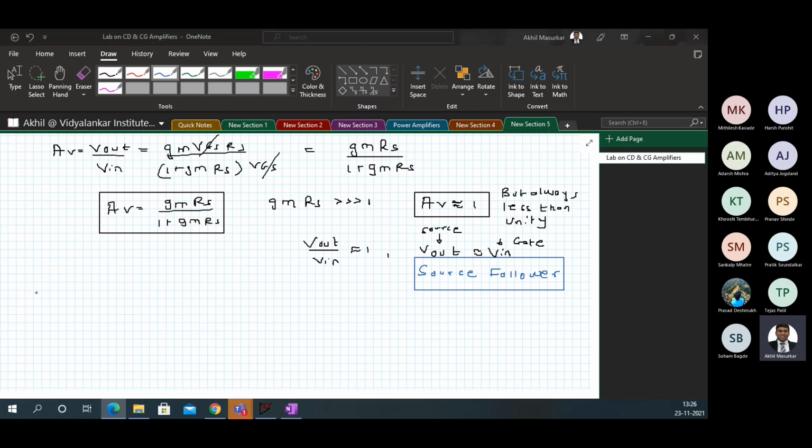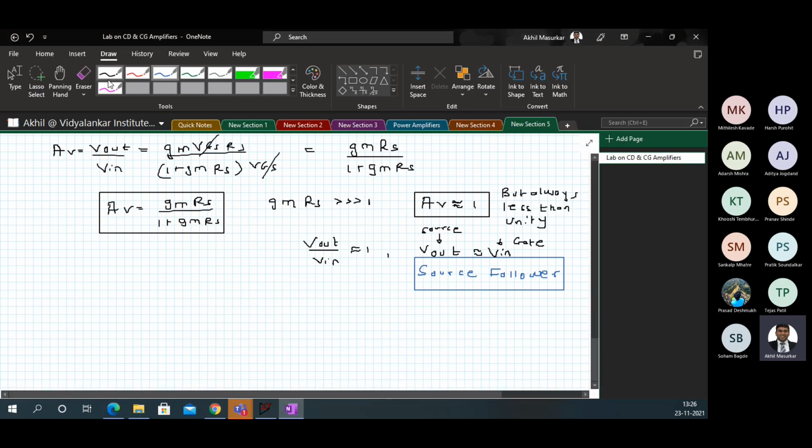Now if we use the formula here, we can write AV is equal to, what is the value of GM?